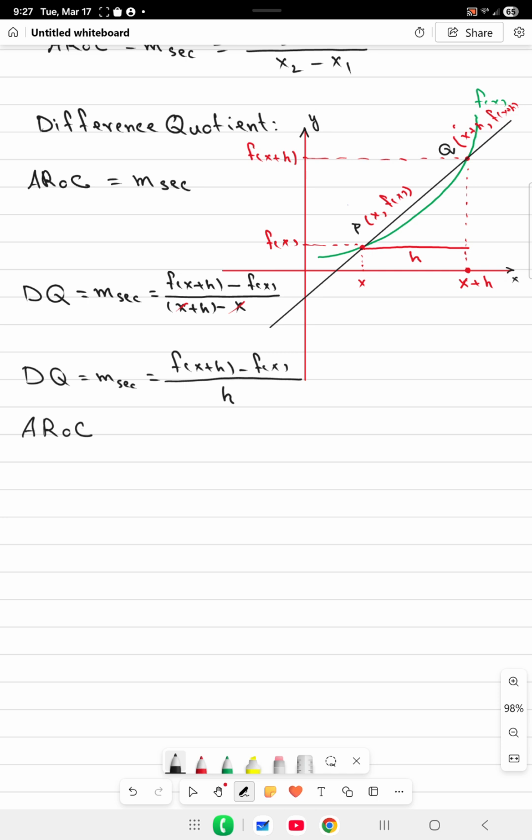Now, average rate of change means, in pure English, how fast the function is rising, which means increasing, or maybe decreasing.